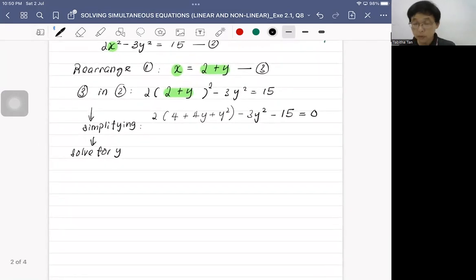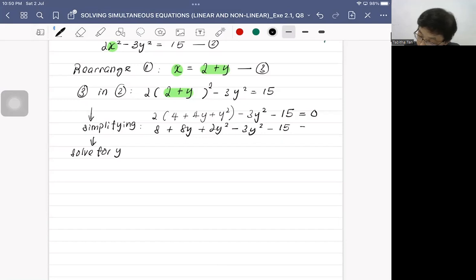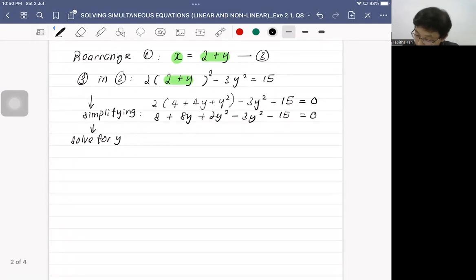From here on, we just continue to simplify until we form a quadratic equation. So we're going to get 8 plus 8y plus 2y squared minus 3y squared minus 15 equals 0. And simplify the like terms.